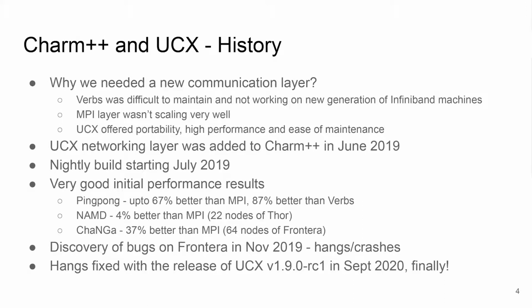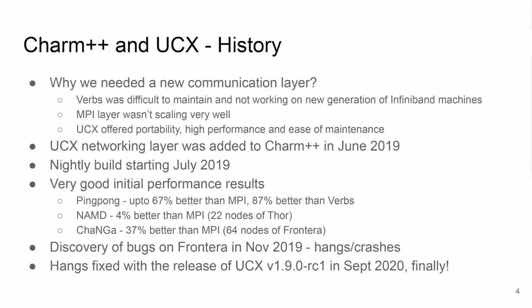So moving on to Charm++ and UCX and a brief history of it. Charm++ was initially developed at the University of Illinois Parallel Programming Laboratory, which is Dr. Sanjay Kale's research group. And that happened in the early 1990s. And recently, for about 5 years, it's been co-developed by Charmworks, which is a startup that commercially supports and licenses Charm++.